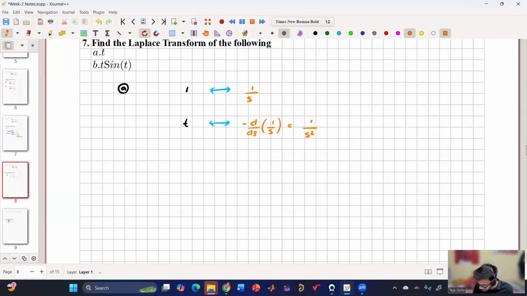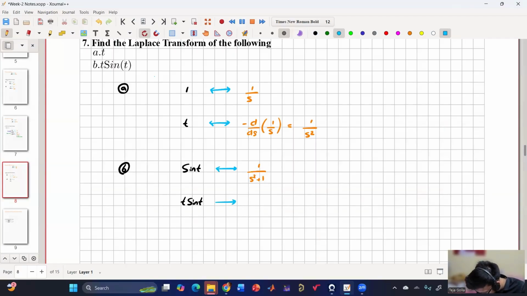Similarly, t into sine of t. So what is sine of t? Sine t, we know it is 1 by s square plus 1. So now what is t sine t? What is the Laplace transform of t into sine t?